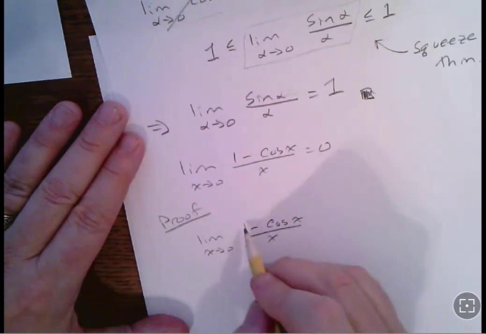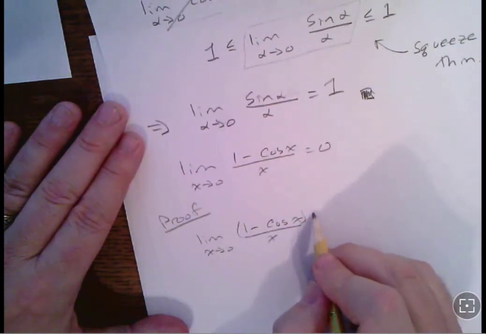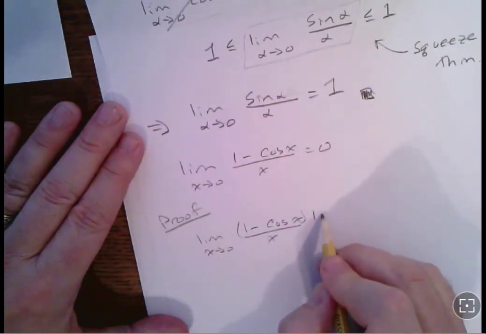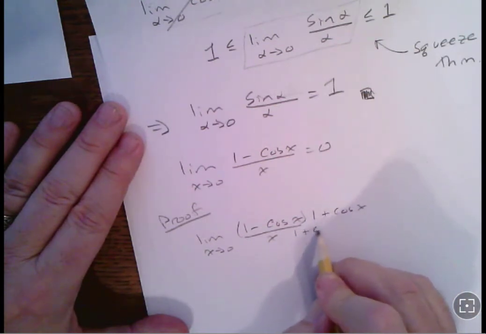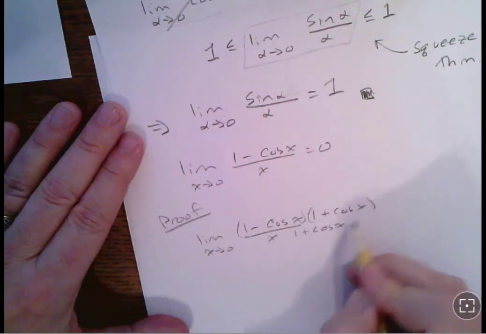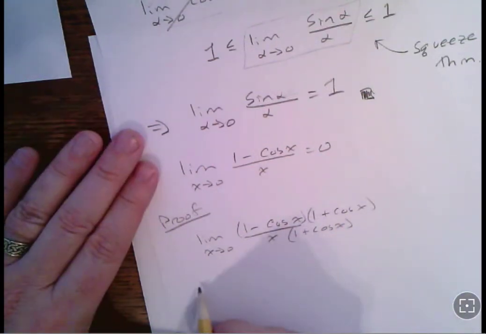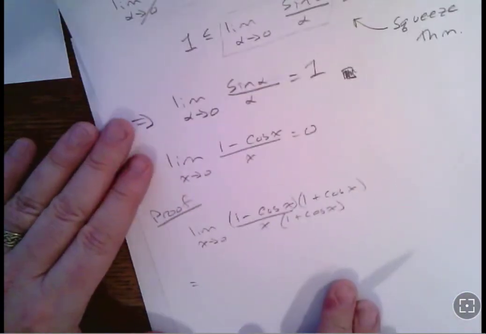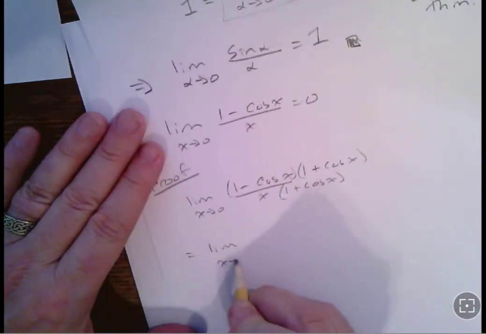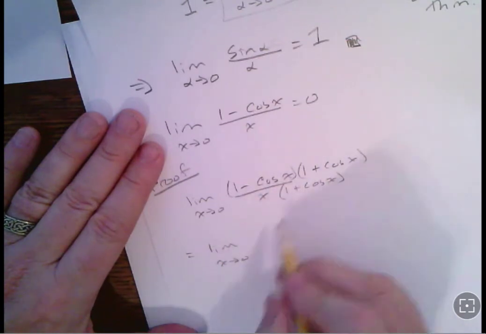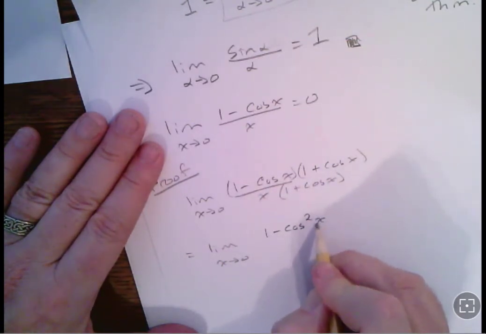And then, because I've done this before, I know that this is going to help me if I multiply the top by 1 plus the cosine of x and multiply the bottom by also 1 plus the cosine of x. So what's going to end up happening? Again, just doing a bunch of algebra. This will be the limit as x approaches 0. In the top, that is going to be 1 minus the cosine squared of x.